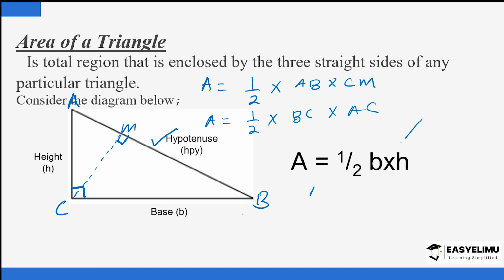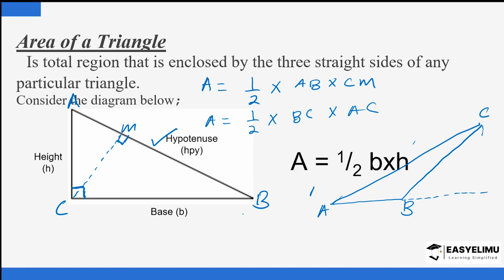Now we have another case whereby we have A, B, C, but now this one here. In that case, you can extend this way. So the base can still be AB.